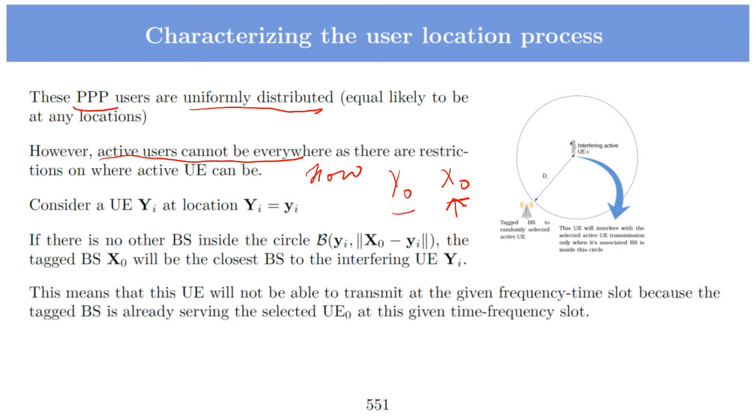It means no other user can be allocated the same time-frequency slot. It cannot be active in the same time-frequency slot. So only those users can be active here which are associated with other base stations.